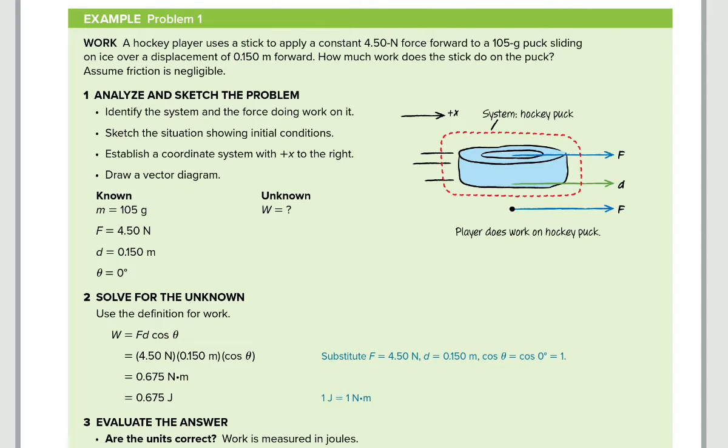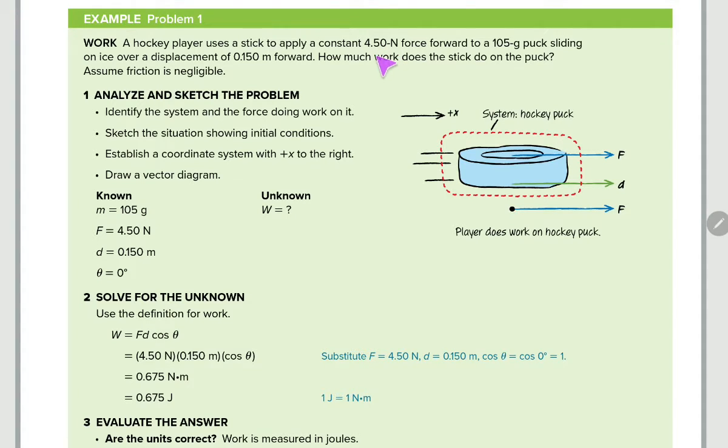Now we have example problem number 1 in the book. A hockey player uses a stick to apply a constant 4.50 Newton force forward to a 105-gram puck sliding on ice over a displacement of 0.150 meter forward. How much work does the stick do on the puck? Assume friction is negligible. In the beginning, we will write the known and the unknown in this question.